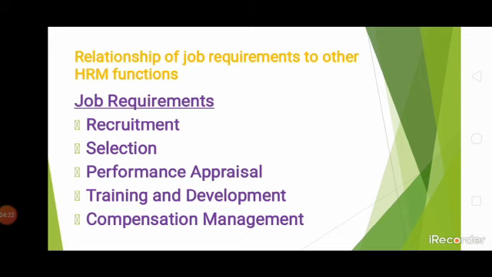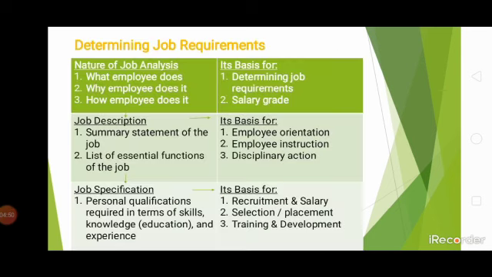Next, selection. It provides job duties and job specifications for the selection process. Next, performance appraisal. It provides performance criteria for evaluating employees. Next, training and development. It determines training needs and develops instructional programs. Next, compensation management provides the basis for determining employees' rate of pay.